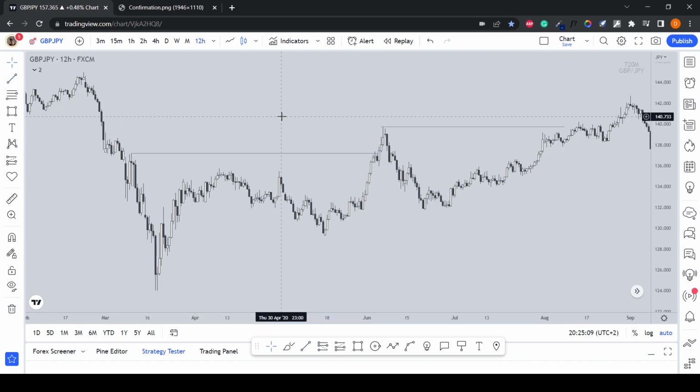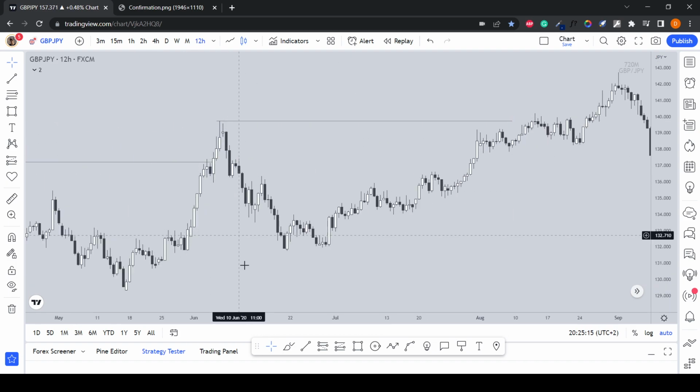What we have here is this big down move, which was broken by this bullish impulse, which came from this low, and which had this true demand zone.